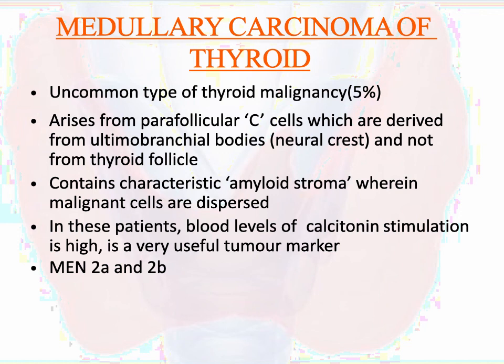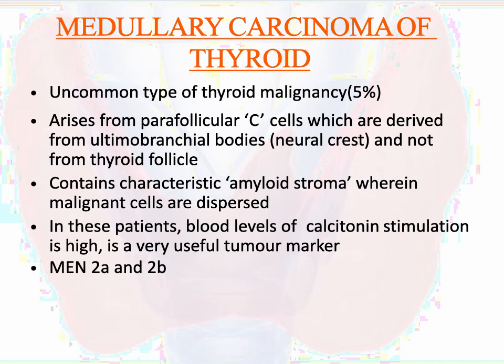In these patients, blood levels of calcitonin after stimulation are high. It is a very useful tumor marker. So if the calcitonin increases, that means it is medullary. These three things are very important in medullary carcinoma: diarrhea, high calcitonin level, and a very soft tumor.